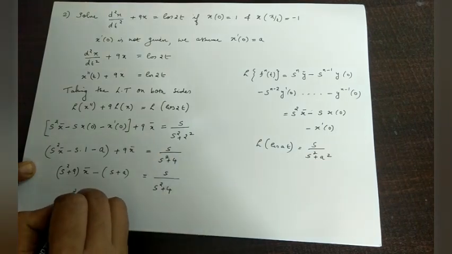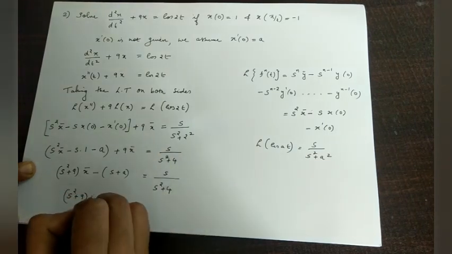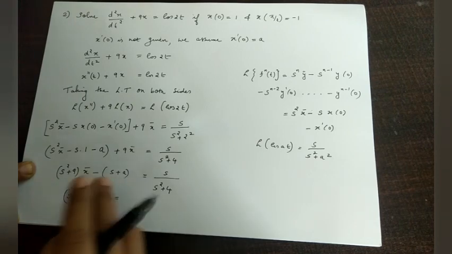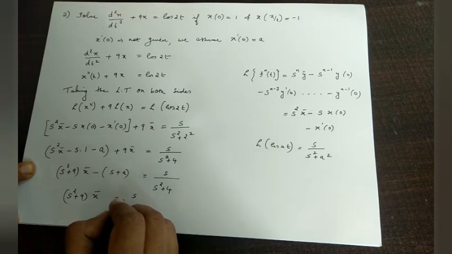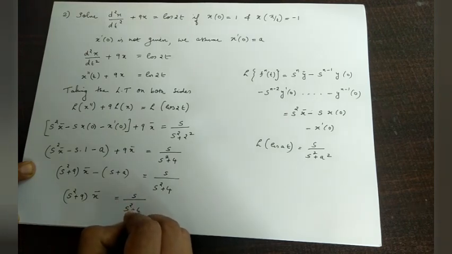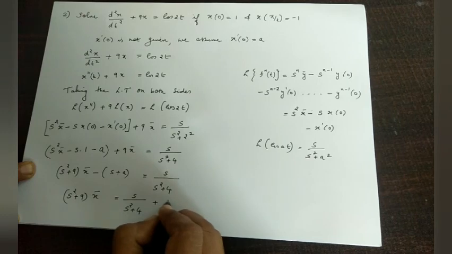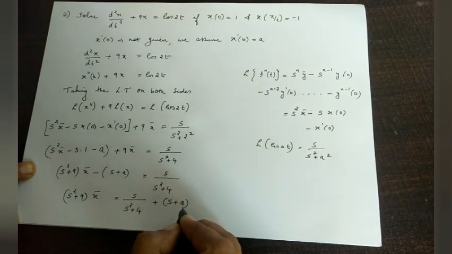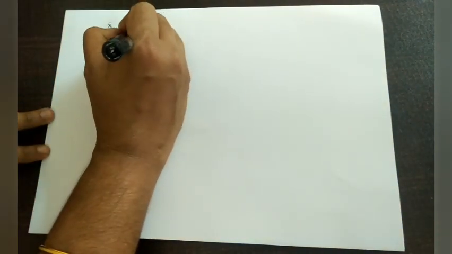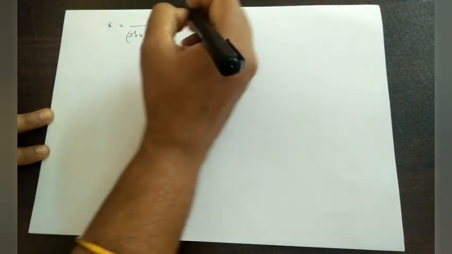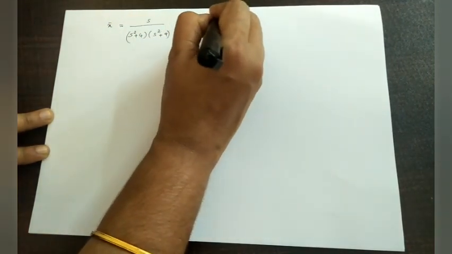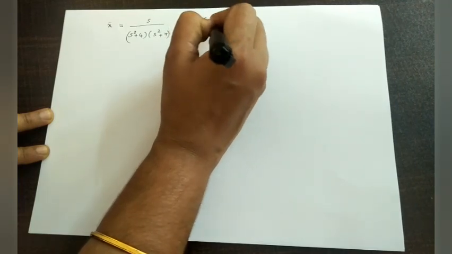Or we have s square plus 9 times x bar equal to, now taking minus of as plus b to the right hand side, s by s square plus 4 plus the term as plus b. Now this is equal to s by s square plus 4 into s square plus 9, plus as plus b by s square plus 9.